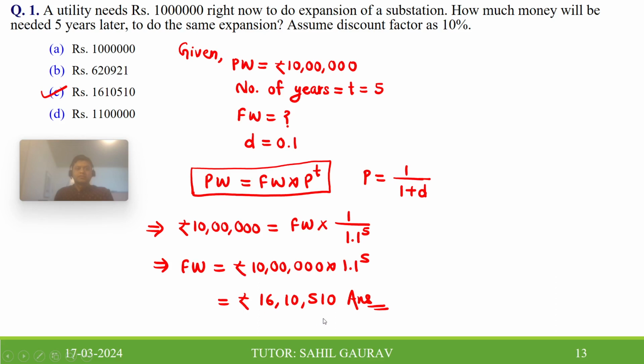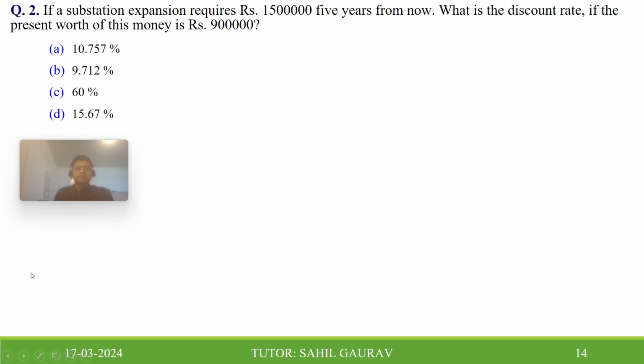Okay, so let us move to the next problem. In this problem, if a substation expansion requires rupees 15 lakh 5 years from now, what is the discount rate if the present value of this money is equal to 9 lakh?